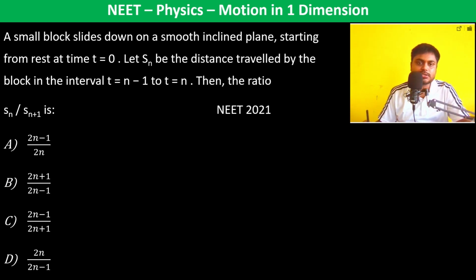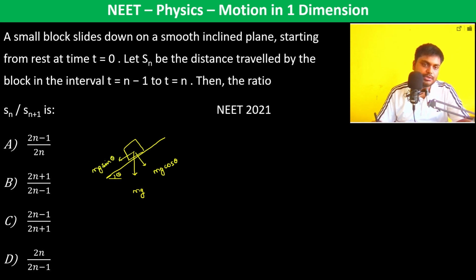A small block slides down a smooth inclined plane. So this is a smooth inclined plane. So in a smooth inclined plane, this is mg. So this is theta. So this becomes mg cos theta, and this becomes mg sin theta, and this is the normal.